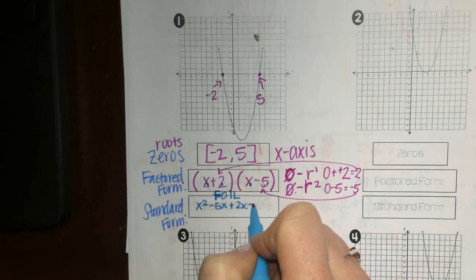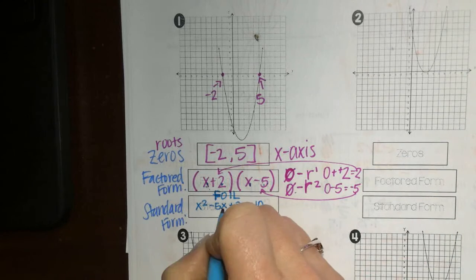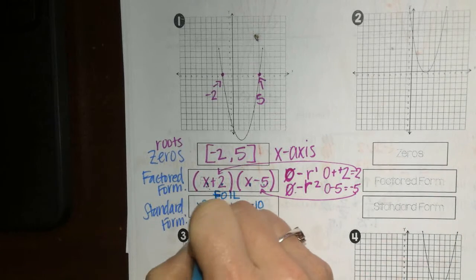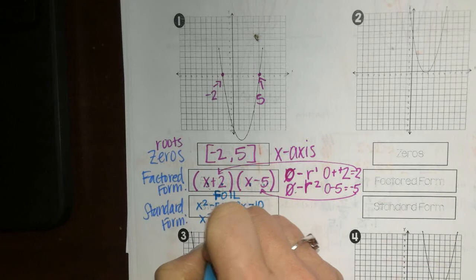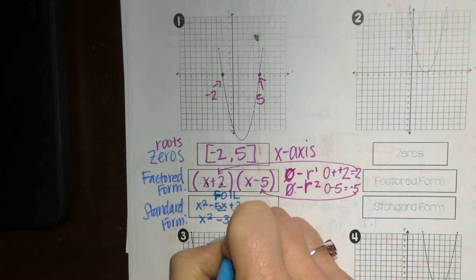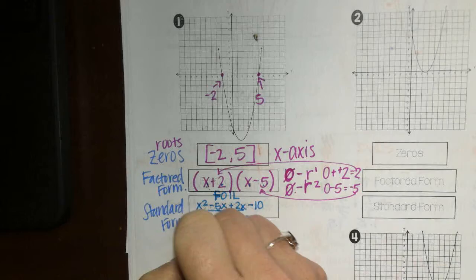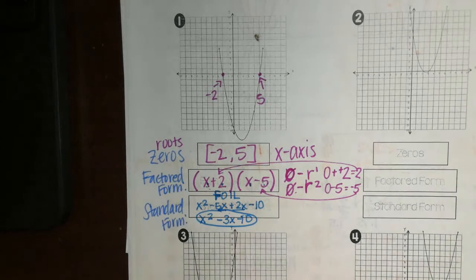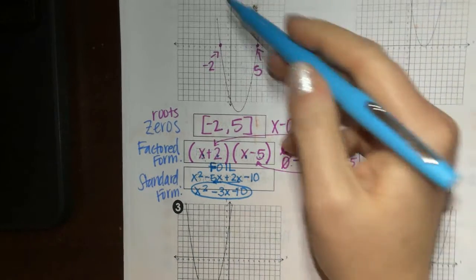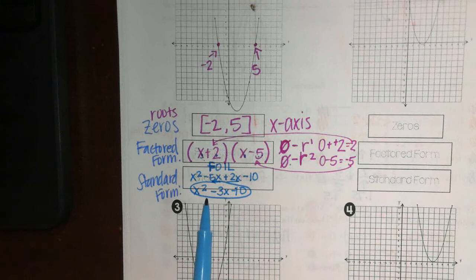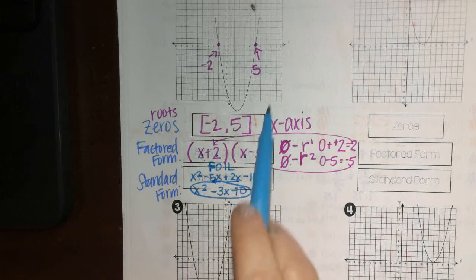And 2 times -5 is -10. We combine our like terms and get x squared minus 3x minus 10. That is the standard form of this graph. If you put this into y equals in your calculator, you would get this parabola.